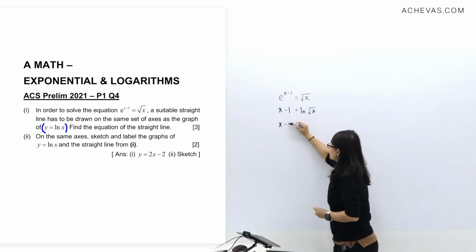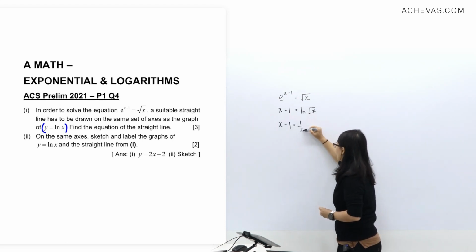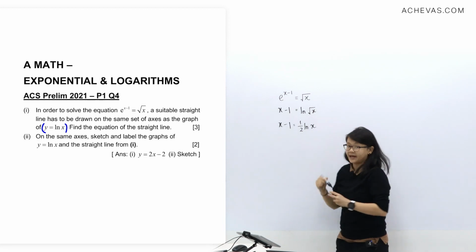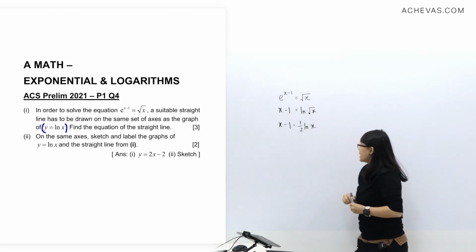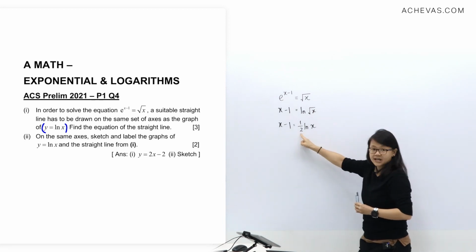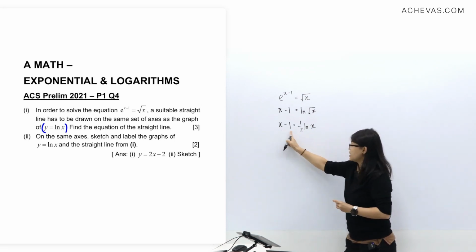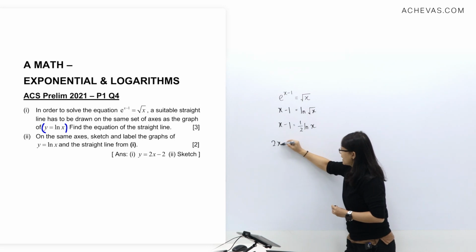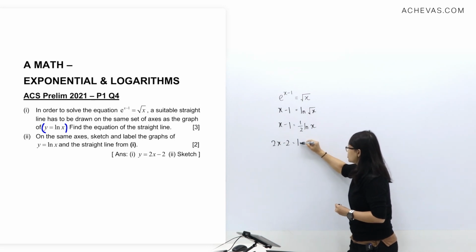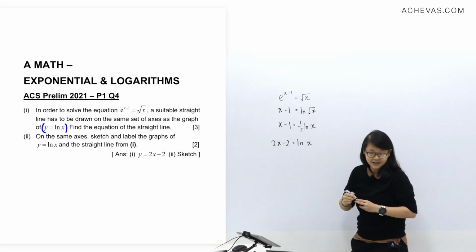So now we have x minus 1 equals half ln x. Next, I need ln x, not this half, so I'm going to multiply to both sides. Be careful here, you have two terms, so we're going to get 2x minus 2 equals ln x.